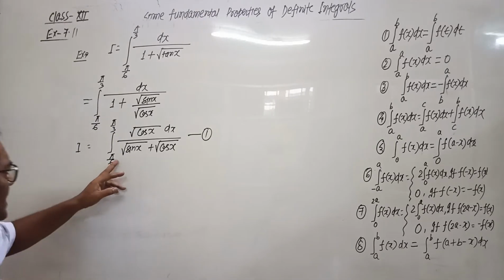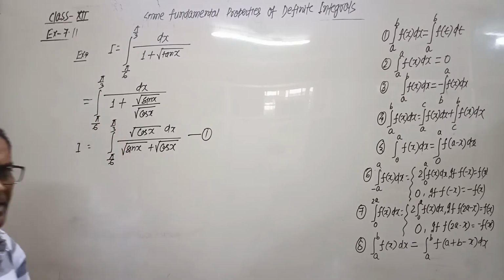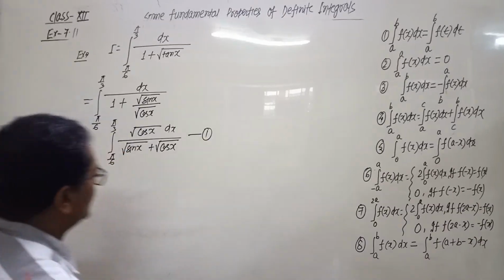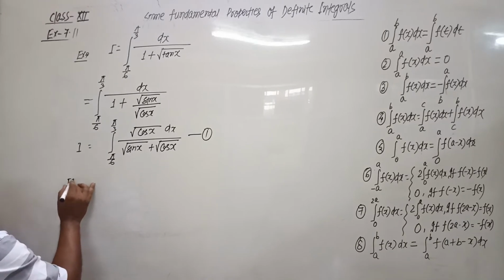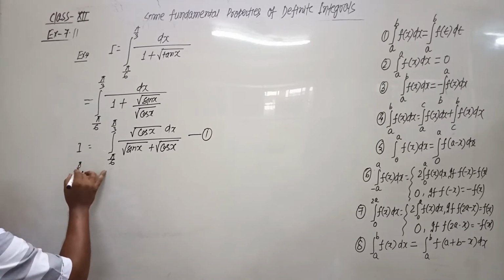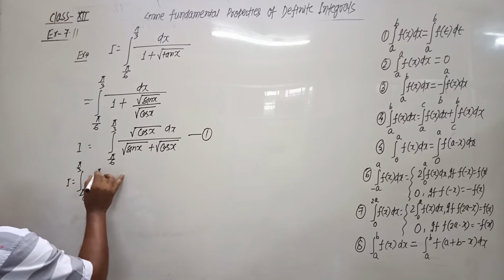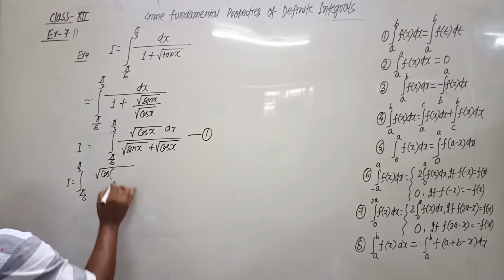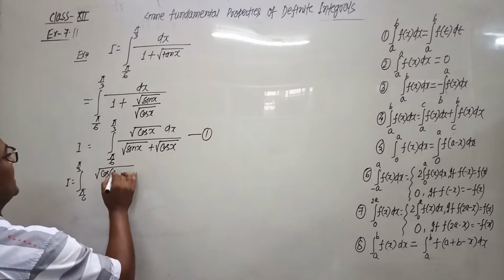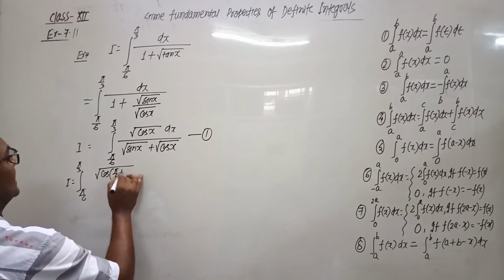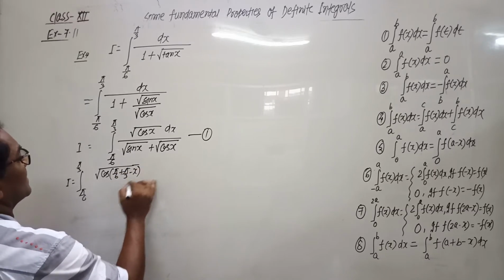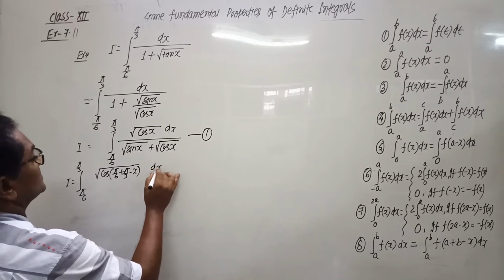The value of a is pi by 6 and the value of b is pi by 3. Use this property. Integration a to b: integration pi by 6 to pi by 3 root of cos(a plus b minus x). So a plus b means pi by 6 plus pi by 3 minus x, dx.